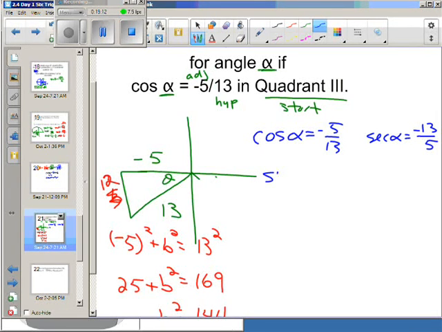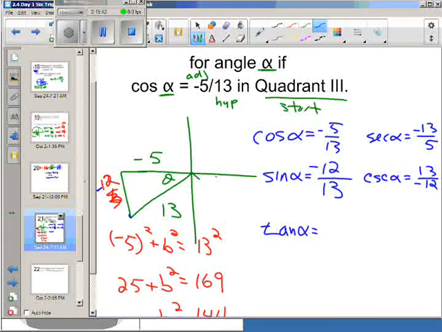So if cosine of alpha is this, sine of alpha is going to be opposite, so there goes my 12. Oops, what did I forget on my 12? I forgot to put a negative, which is very important, because in this picture, y being down here is a negative number. So sine of alpha is going to be negative 12 over 13, which means cosecant of alpha is 13 over negative 12, or negative 13/12.